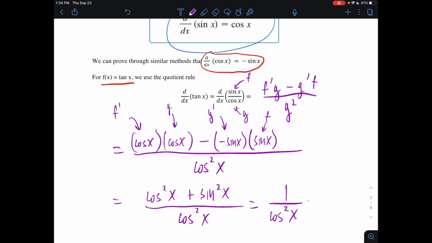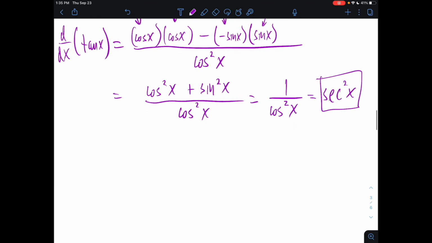And then we can use the reciprocal identity and state that this just gives us secant squared x. And what this has told us is that the derivative with respect to x of tangent x is equal to secant squared x.